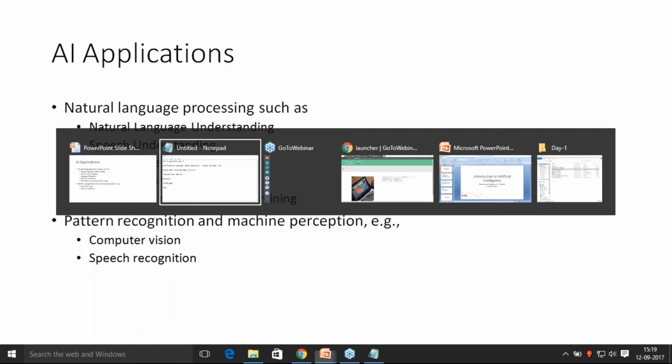These are a few AI applications right now. Most AI applications go into natural language processing. Now, rather than calling it natural language processing, the term used is natural language understanding.